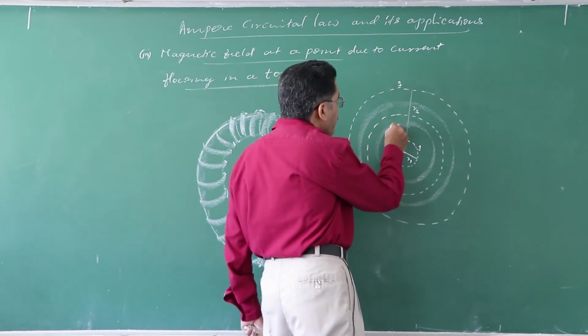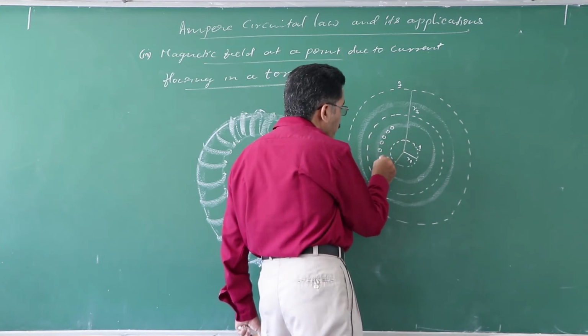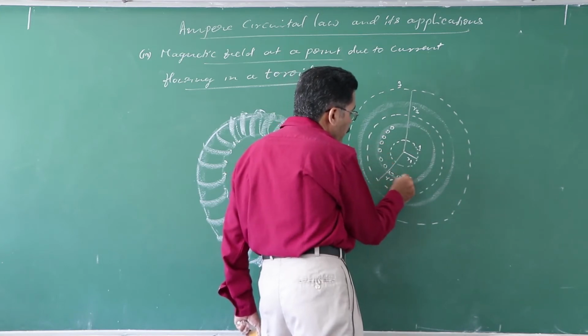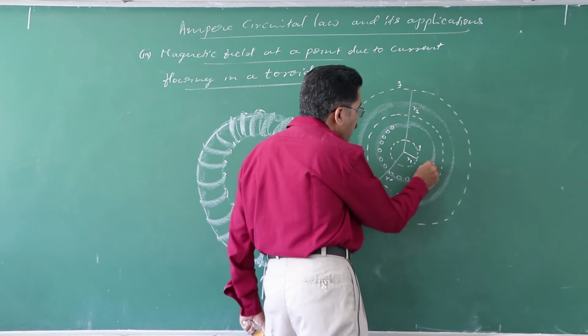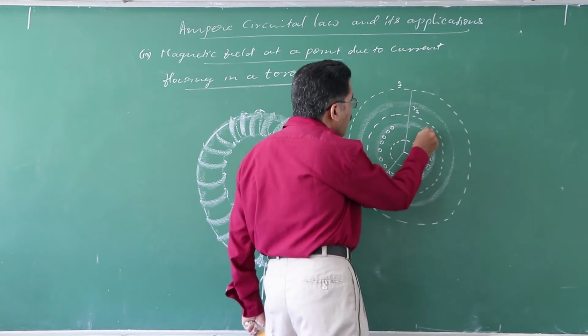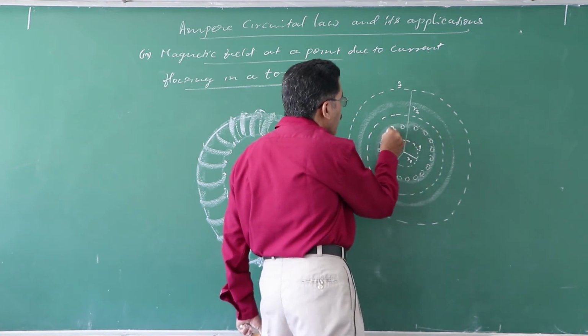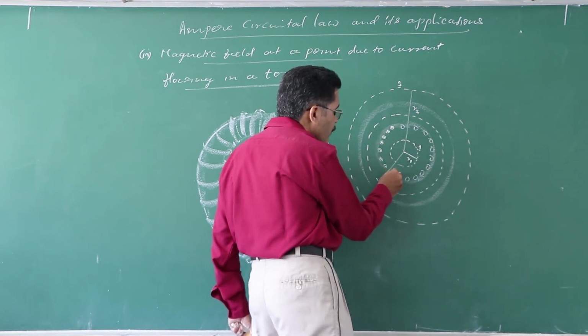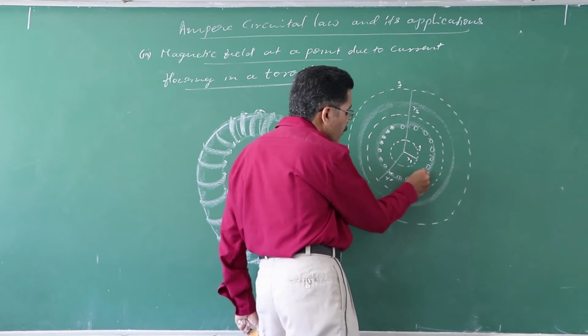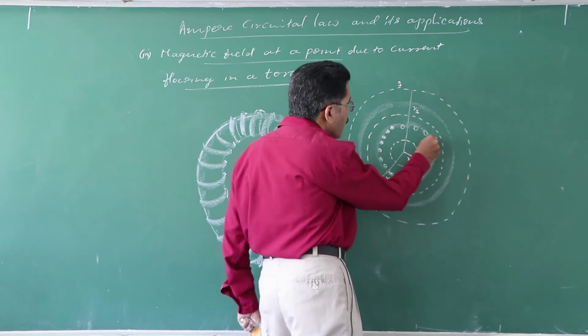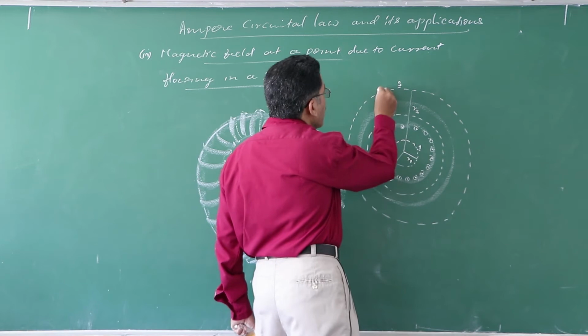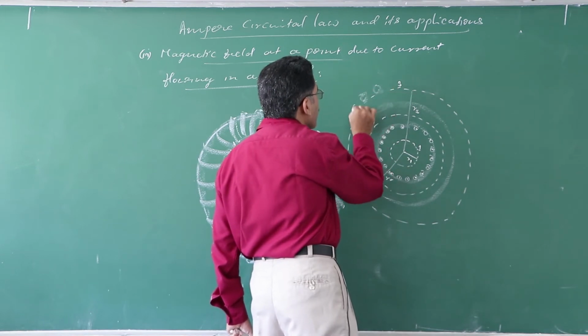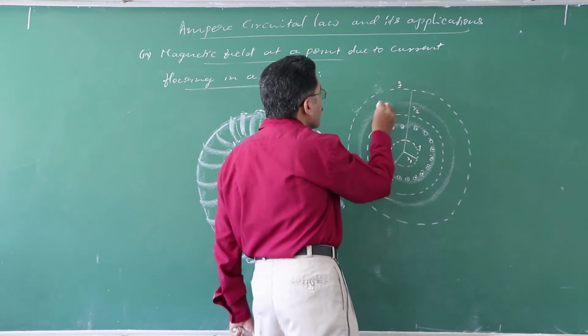To indicate the magnetic field, say the magnetic field is perpendicular and towards you.